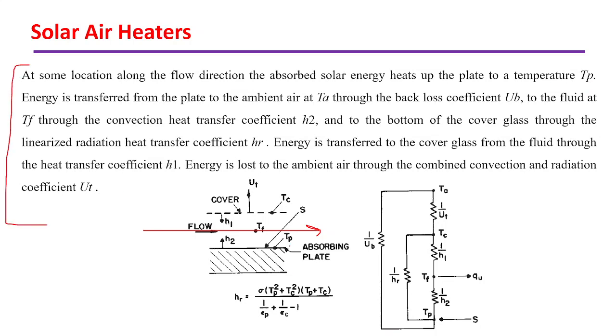So Tp is the temperature of the plate, Tc is the temperature of the collector, and Tf is the fluid temperature, and H1 and H2 are the heat transfer coefficients. H1 is the heat transfer coefficient for energy transferred to the cover glass from the fluid, and H2 is with respect to the absorber plate.